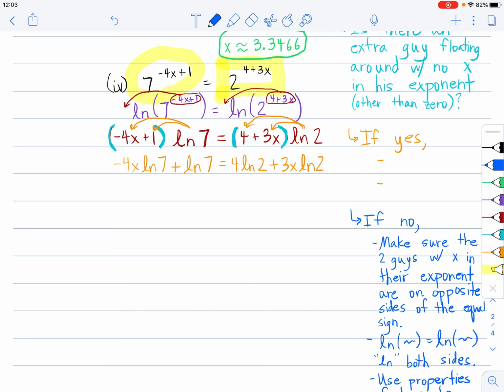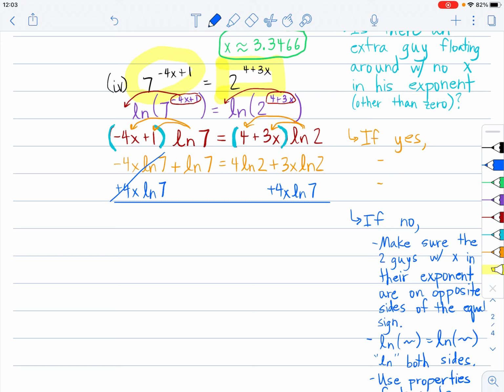Next, we want to get all of our x guys on one side, everyone else on the other. To do that here, I'm going to plus 4x ln 7 plus 4x ln 7. These are not like terms. Ln of 2's and ln of 7's don't mix. So I just have to write everyone out on this other side.